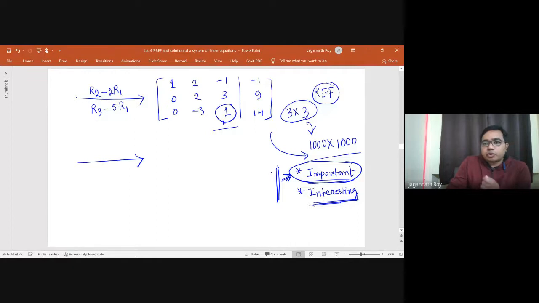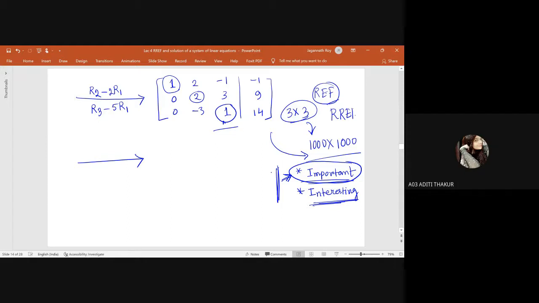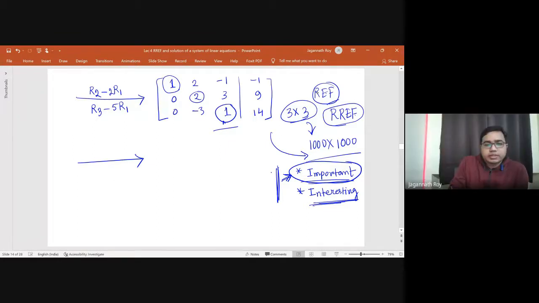For REF, we do not bother about whether the pivot element is 1 or 2. But since we want to find also RREF, we can do R3 is equal to R3 plus 3 by 2 of R2. Yes, we can do that.